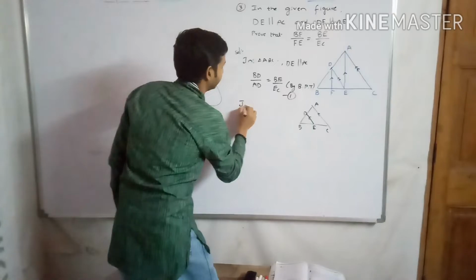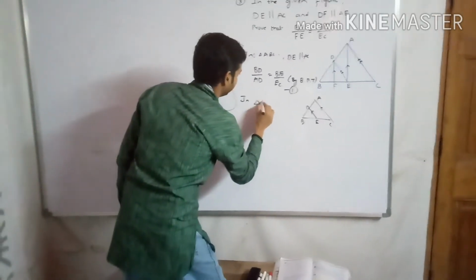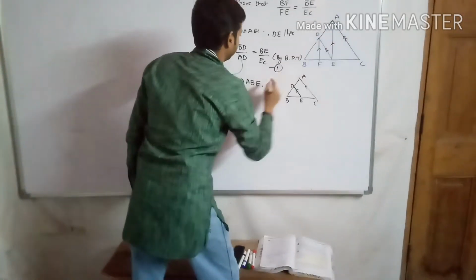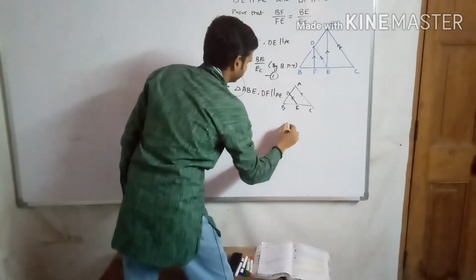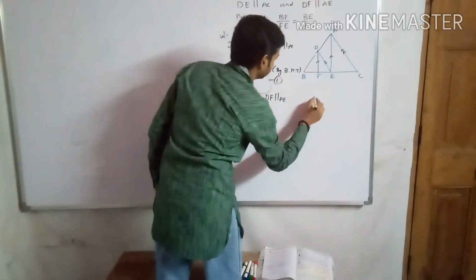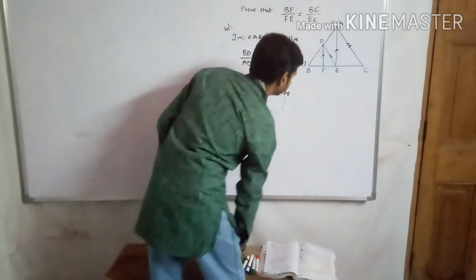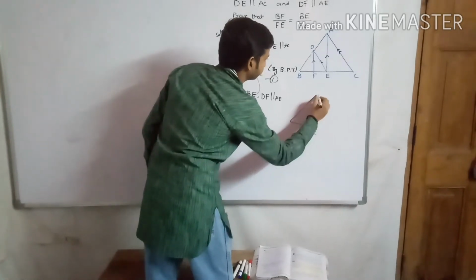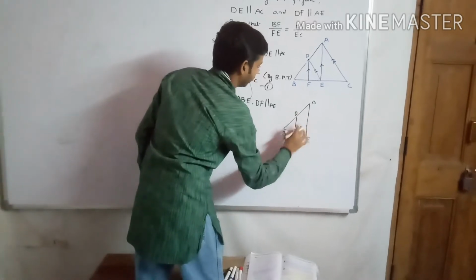And similarly, if you consider triangle ABE, DF is parallel to AE.